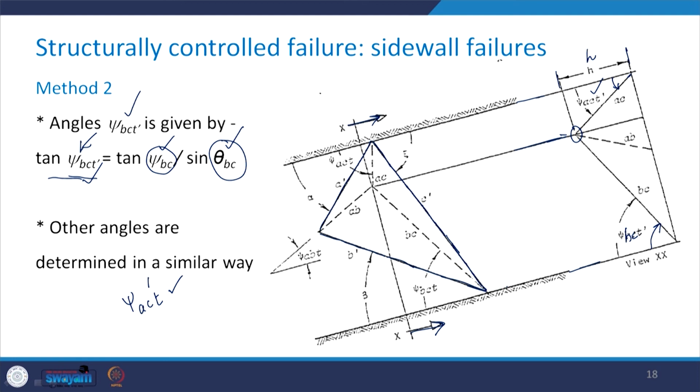So these were the two methods for the determination of the size of the wedge which can be formed in the side wall of the tunnel and has the tendency to slide.